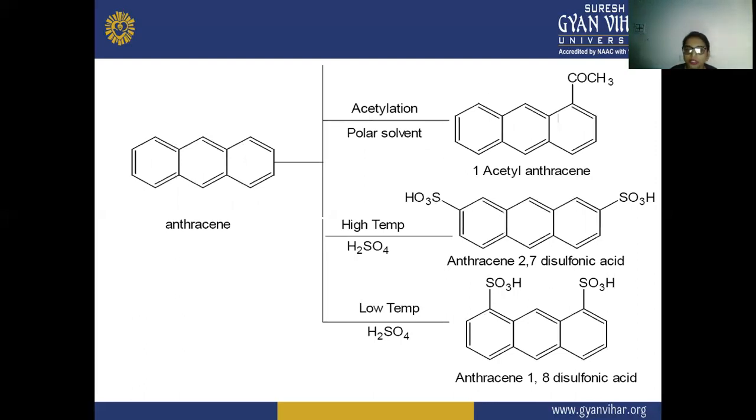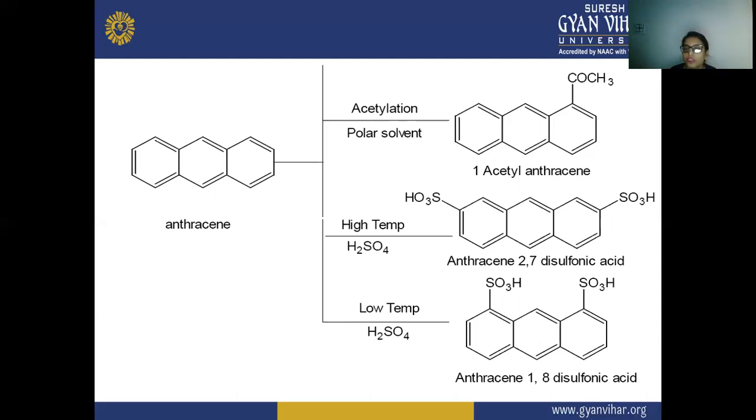Now again, if the anthracene is undergoing acetylation in the presence of a polar solvent, in the last reaction, we have seen that the anthracene is undergoing reaction under the non-polar solvent, and if this anthracene is undergoing acetylation reaction in the polar solvent, then there is an attack of this acetyl group on this first position.